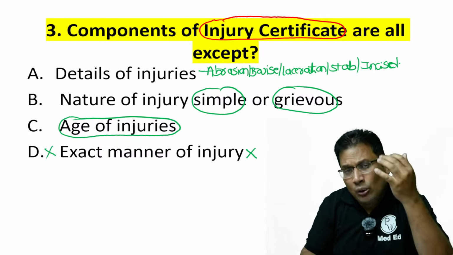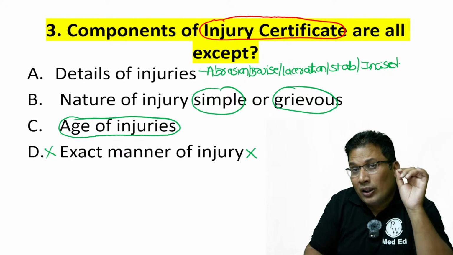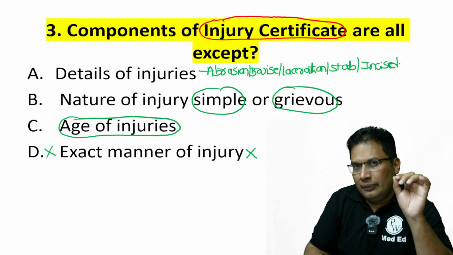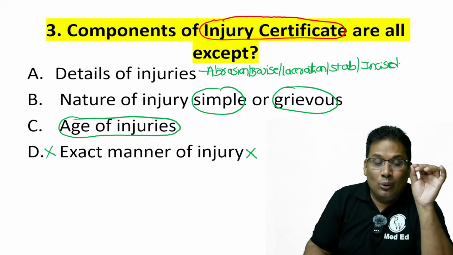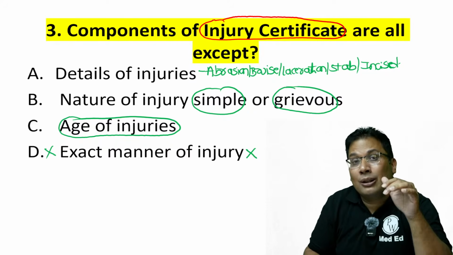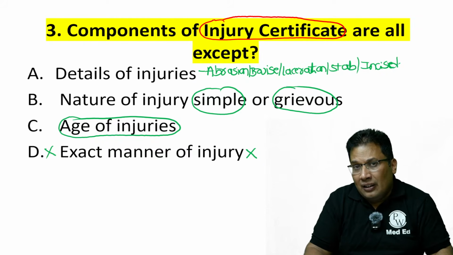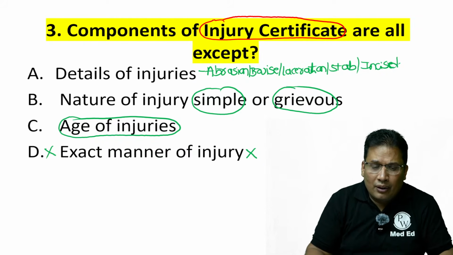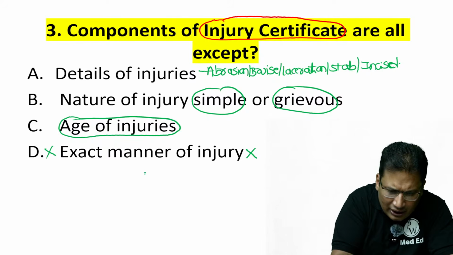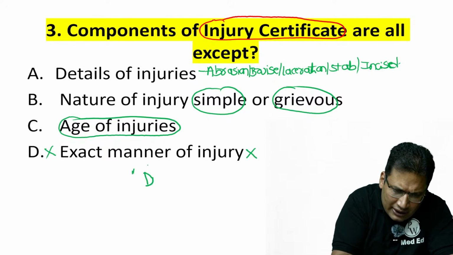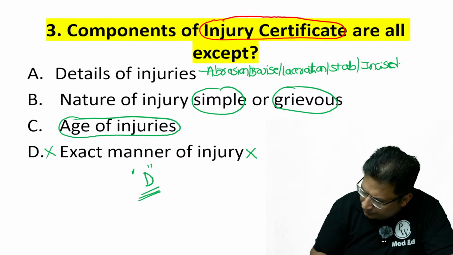We can comment on the exact manner, but it all depends on the investigation. The investigation will definitely help the judiciary find out the exact manner. Manner means suicide, homicide, accidental or judicial. So the answer is D. Even the others are also correct, but D is the best answer here. Good.